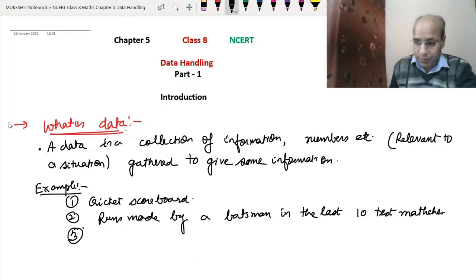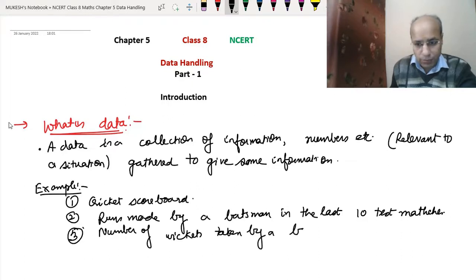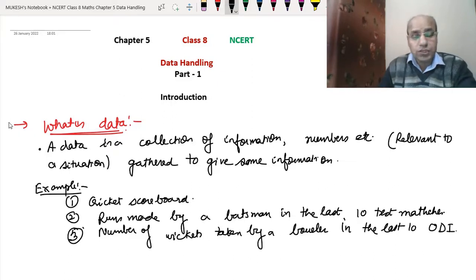Number 3, the number of wickets taken by a bowler in the last 10 one-day internationals. Suppose we want to see how a bowler has performed, we can see in the last 10 matches how many wickets he has taken. By doing this we can see the performance of that bowler.